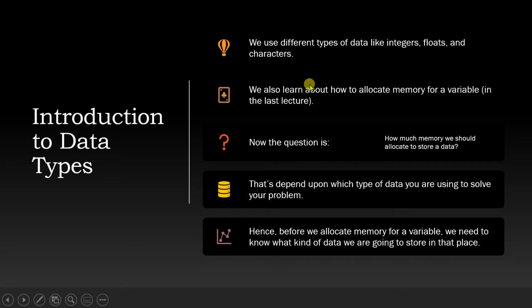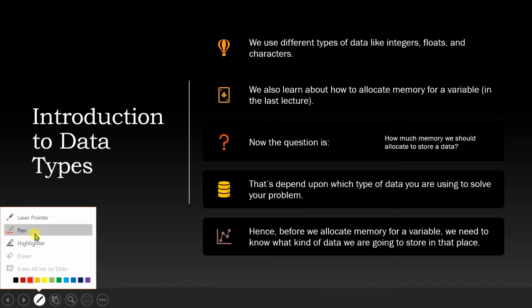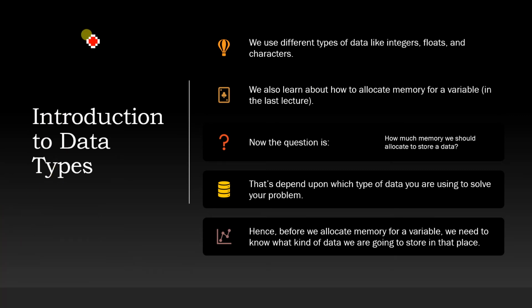We are using different types of data like integers, float and characters. So what is an integer data? Integer data is where the number does not have any decimal point, like 5 is an integer, 6 is an integer, minus 7 is an integer, or 35 is an integer.